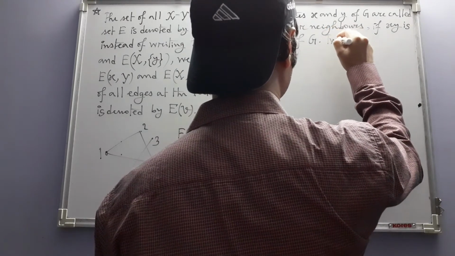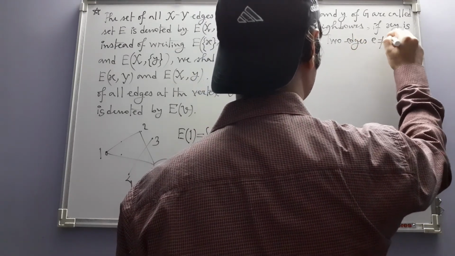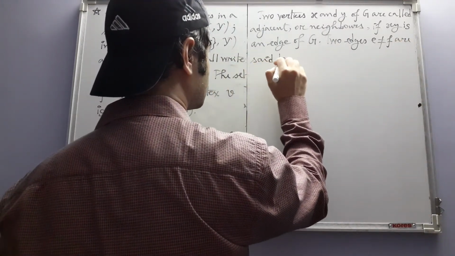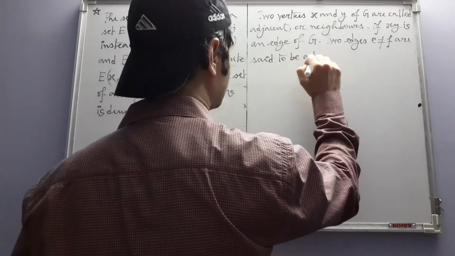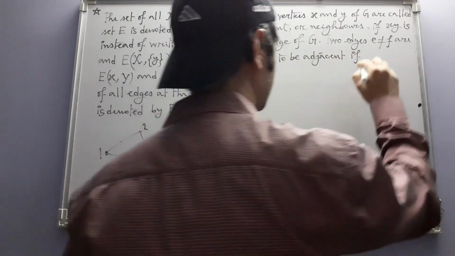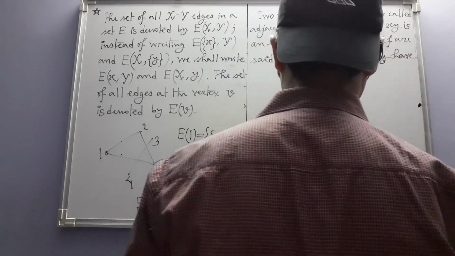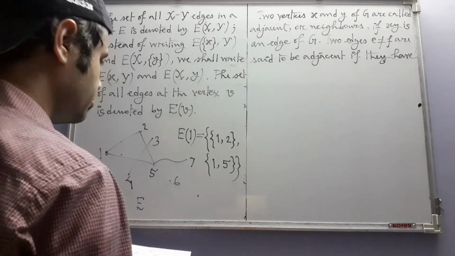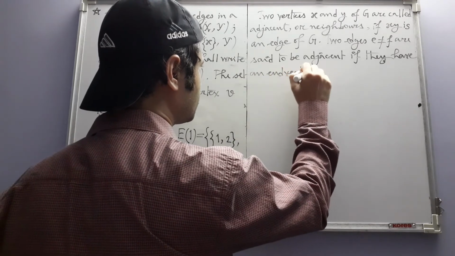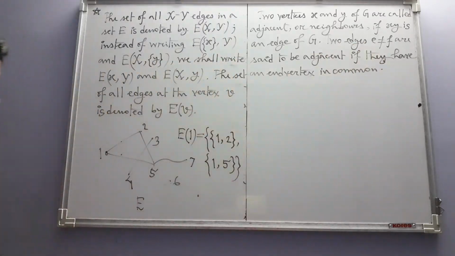Two edges, say E and F, which are distinct, are said to be adjacent if they have an end vertex in common.